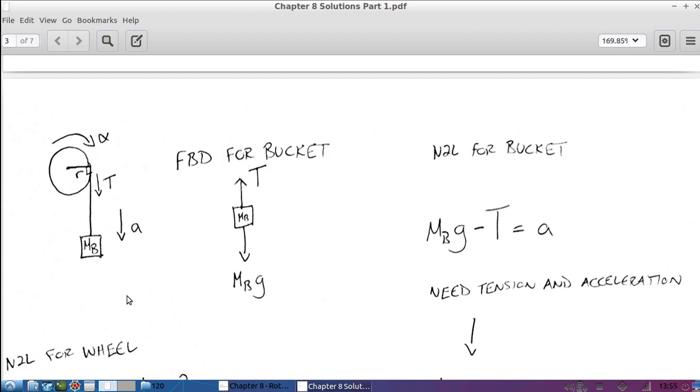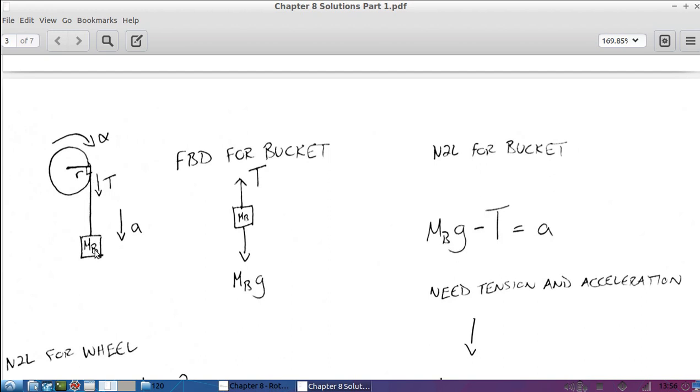I chose down to be positive for the bucket because as the bucket descends, the wheel is going to rotate clockwise. So this is one of those scenarios I was talking about. Everything is going negative, but I'm calling that direction positive to get rid of any unnecessary negative signs.